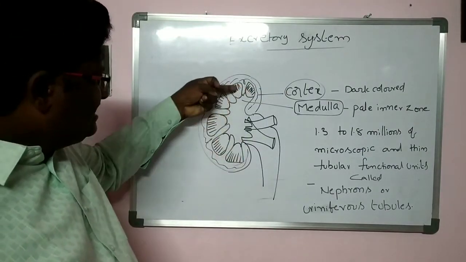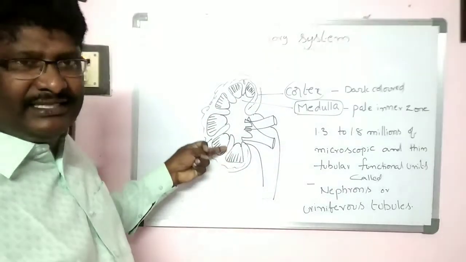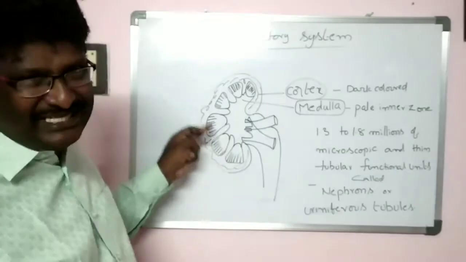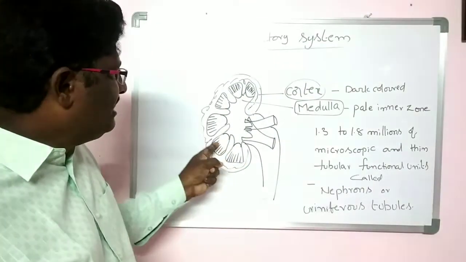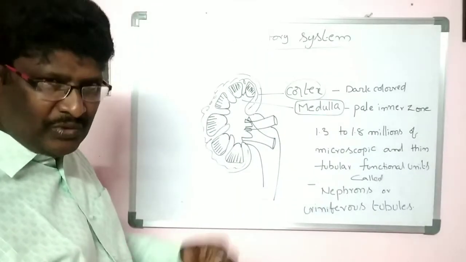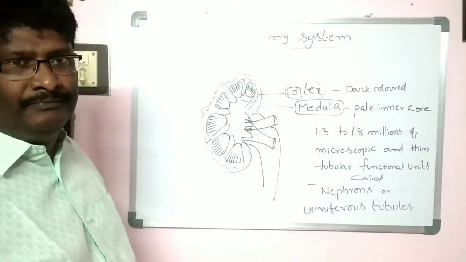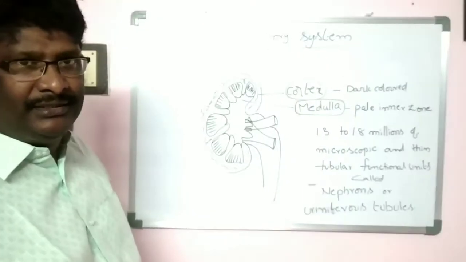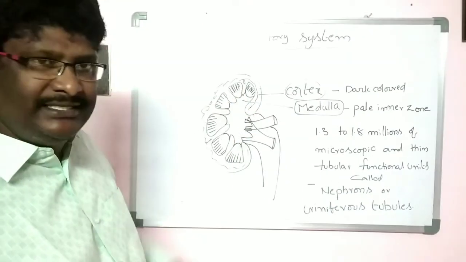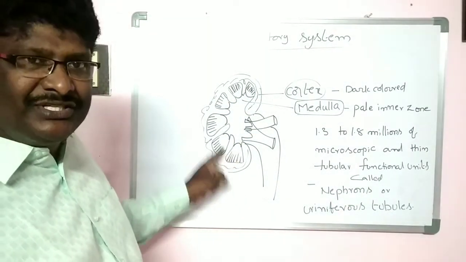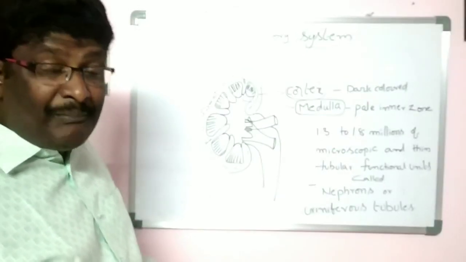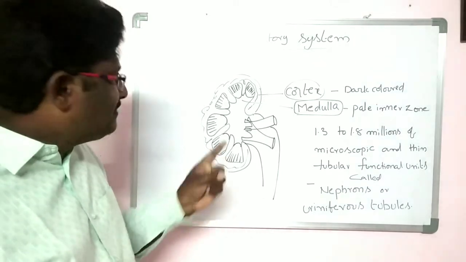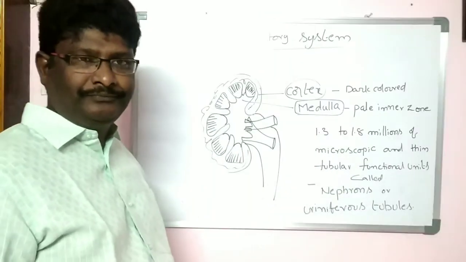They are arranged like petals, like the petals in a flower. It looks like petals, but they are not petals. Do you know what these hair-like structures are? They are minute tube-like portions present in the kidney.